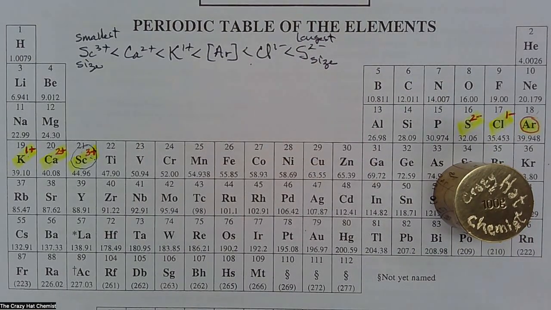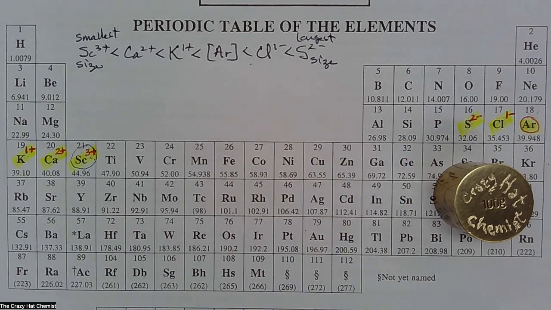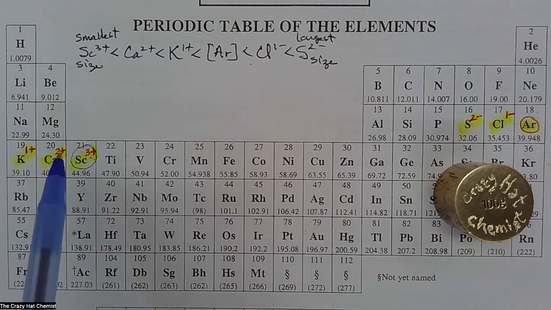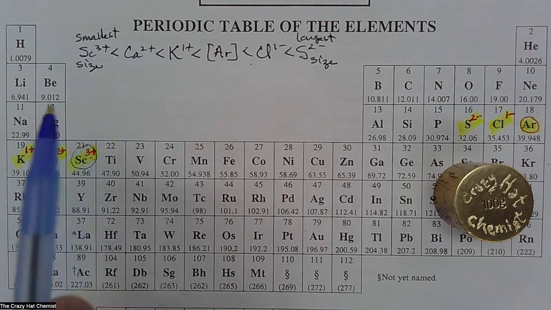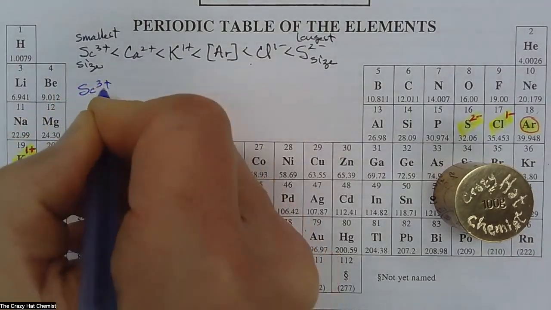The next question is decreasing ionization energy. Size and ionization energy are opposite of each other, but I have increasing size, and the question is decreasing ionization energy. So decreasing ionization energy is the same as increasing size. I'm going to write this pattern down.